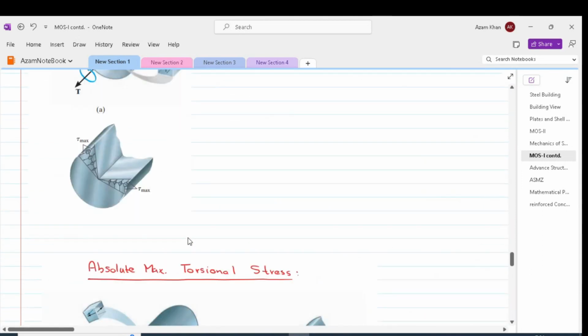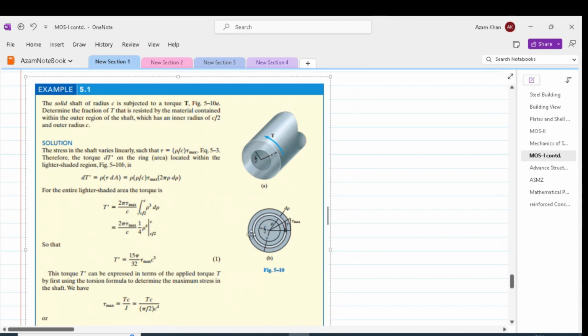Thus, the torque dT on a circular ring will be equal to rho times tau dA. dA will be equal to the circumference times d rho. So 2 pi rho is the circumference of this ring, and times d rho will give us the area of this annular ring. That will be multiplied with rho by c tau max, which we got from the expression tau is equal to rho by c tau max.